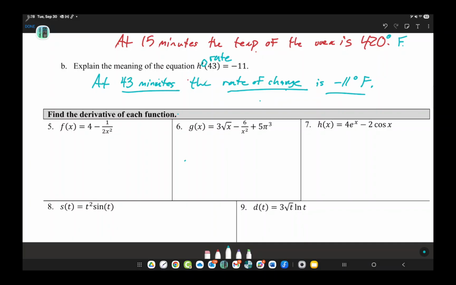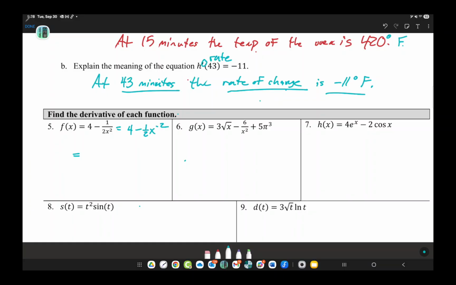All right. So we have 4 minus 1/2 x to the negative 2, is how you want to rewrite that. So now we can just do the power rule. What's the derivative of 4? 0. So bring down the -2.